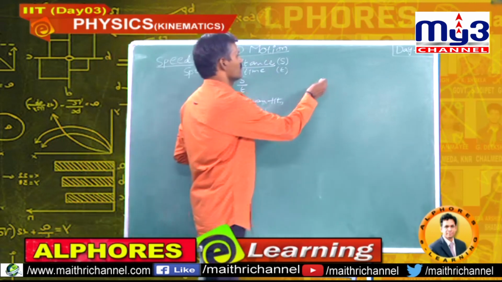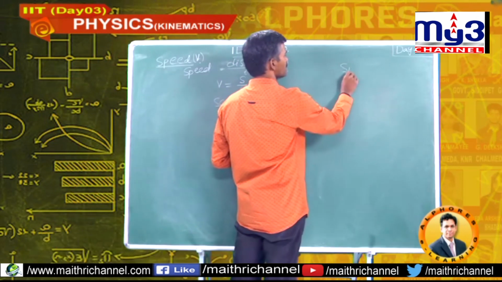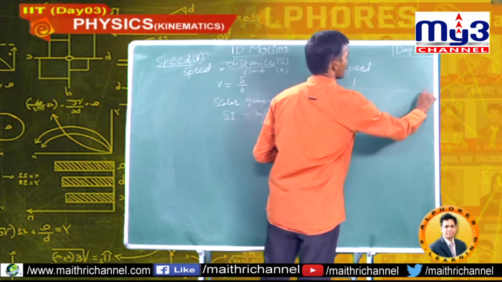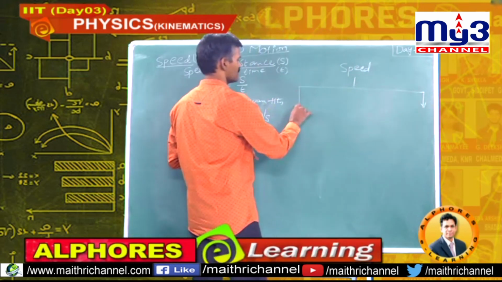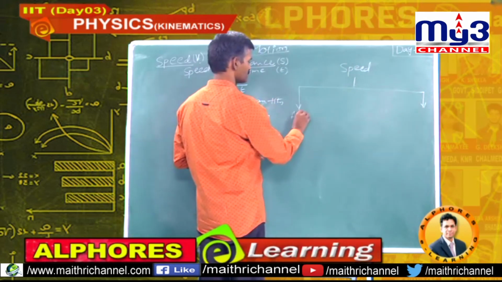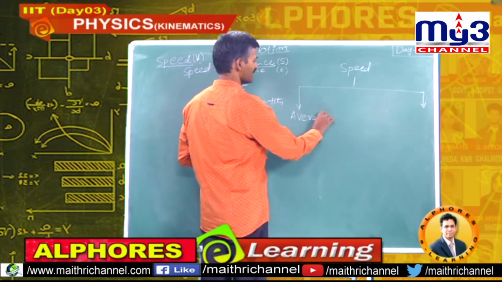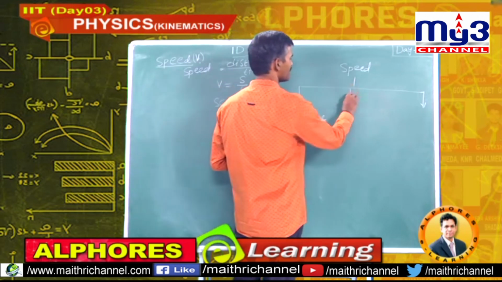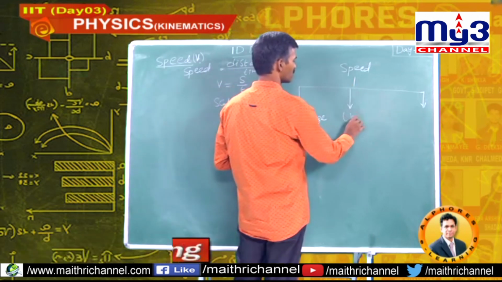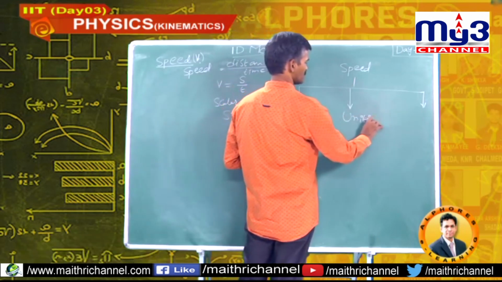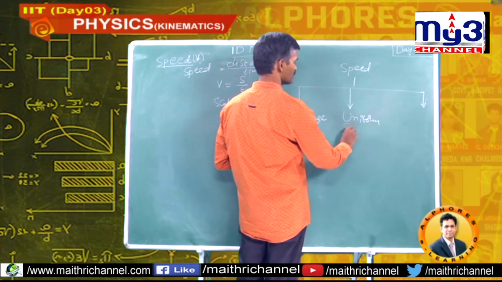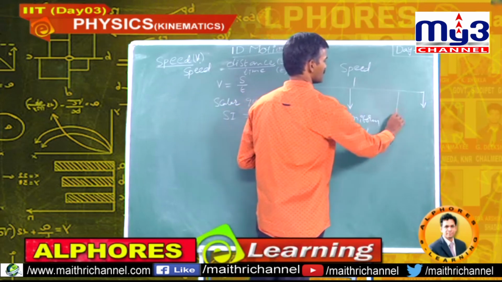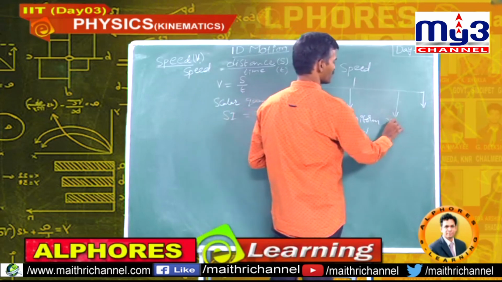To understand speed, it is classified into 4 categories. One category is average speed. The second category is uniform speed. The third category is non-uniform speed.